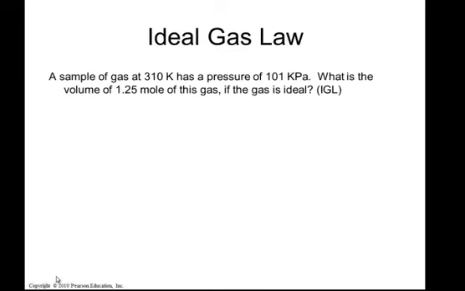So here I have a problem. I have a sample of gas that's at 310 Kelvin, that's my temperature, has a pressure of 101 kilopascals, and I want to know the volume of 1.25 moles, if the gas is ideal. So I'm going to be using my ideal gas law, which is PV equals nRT.